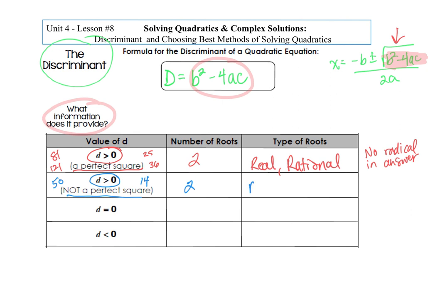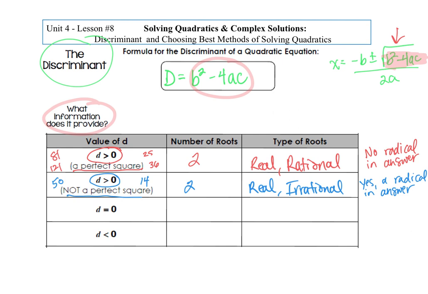They're going to be real and they're going to be irrational, meaning that there will be a radical in the answer. Remember when we get a radical in the answer and we can hit the S to D button, and we get that really, really long decimal? That's what irrational means. Because we would be taking the square root of a number that's not a perfect square. It just doesn't work out right. That's why we love our magic calculators.